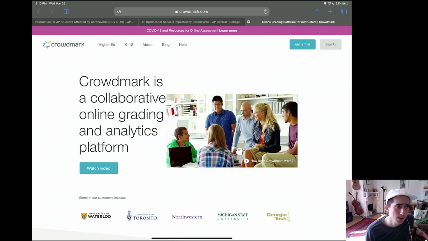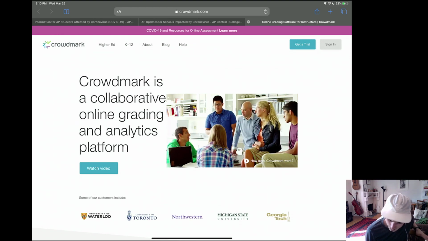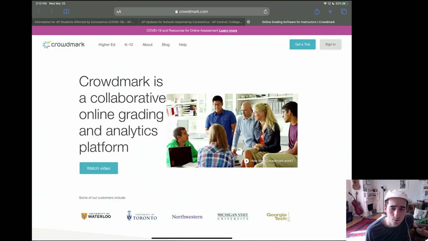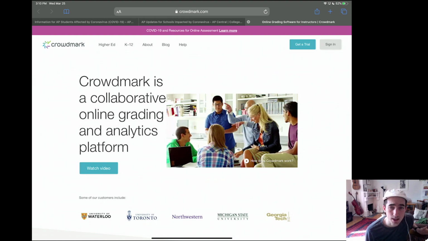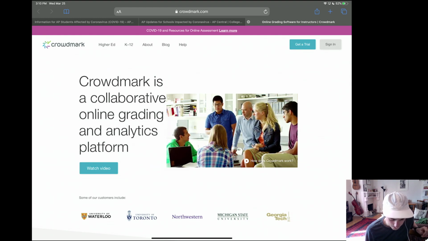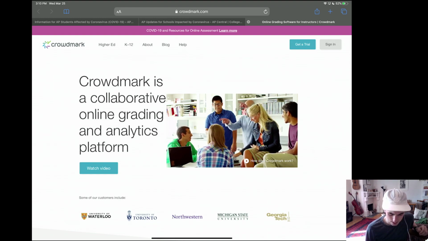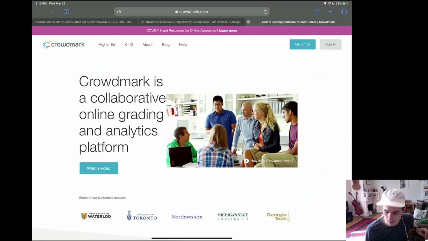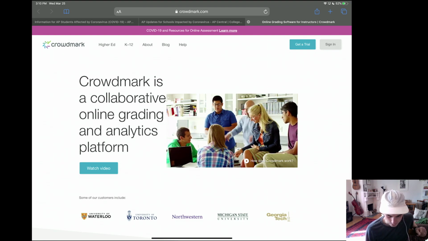Sort of like a trial assignment, so that you can try the program out and see how it works. We'll find any flaws that we might come across. I just want to make sure that things go as smoothly as possible. So keep your ear to the ground about CrowdMark, because I'll be putting some stuff on the website shortly about how to access CrowdMark and the sort of things you can expect to see on there.